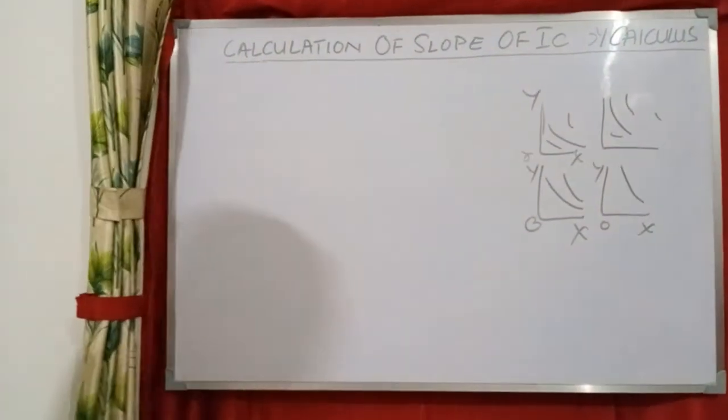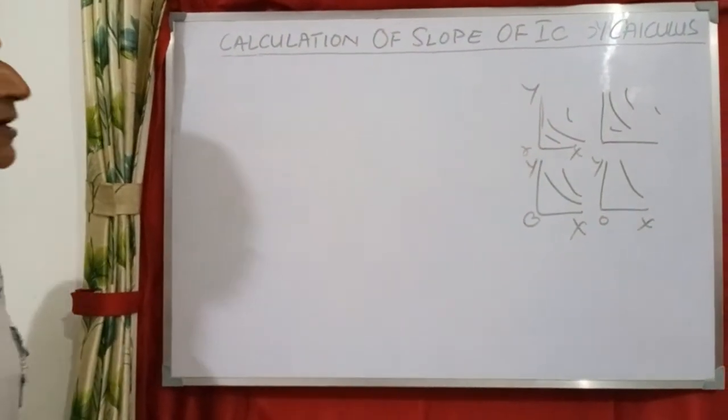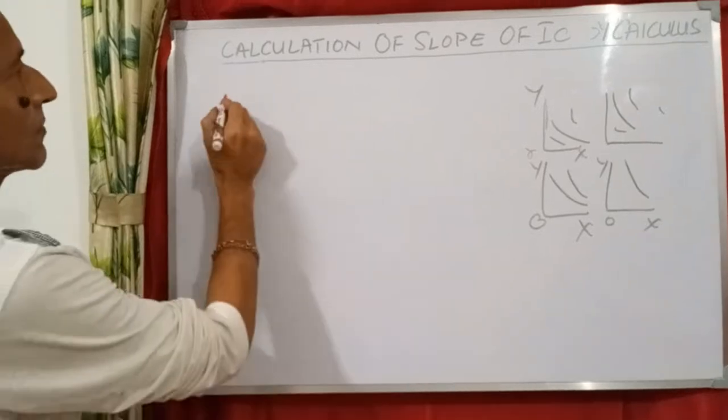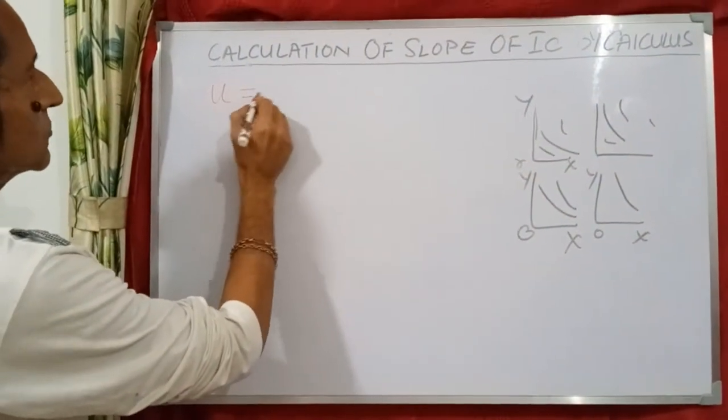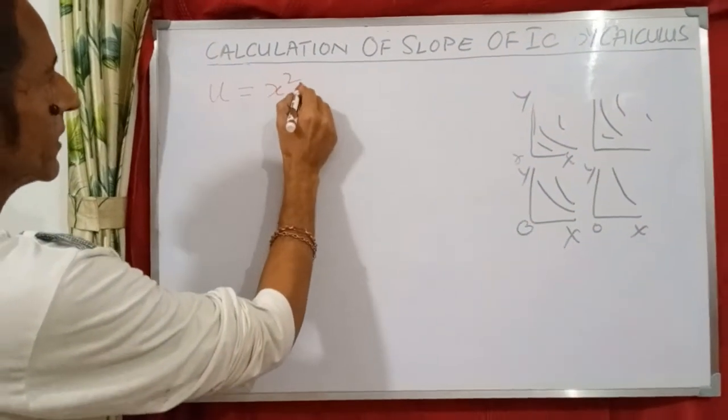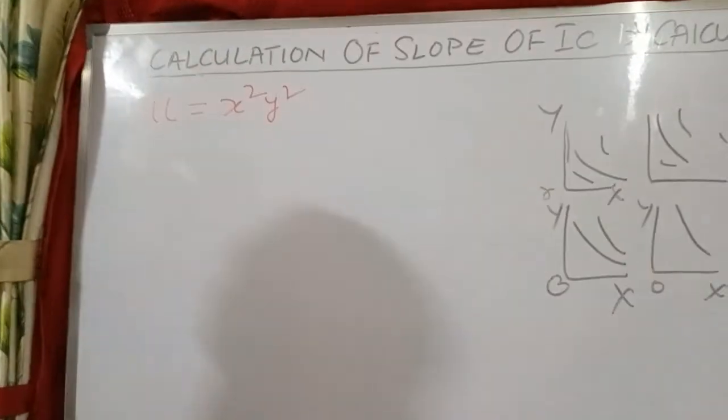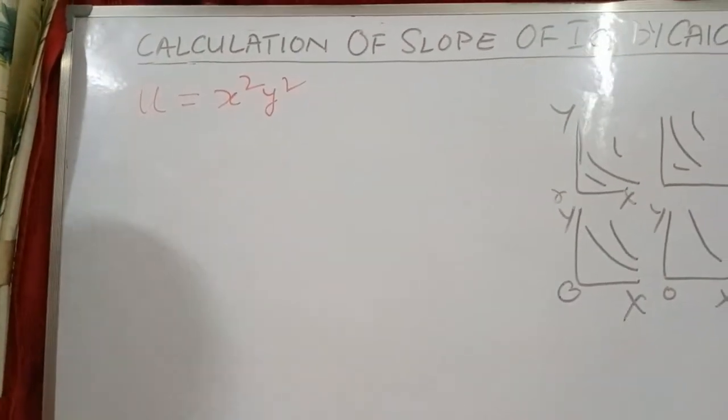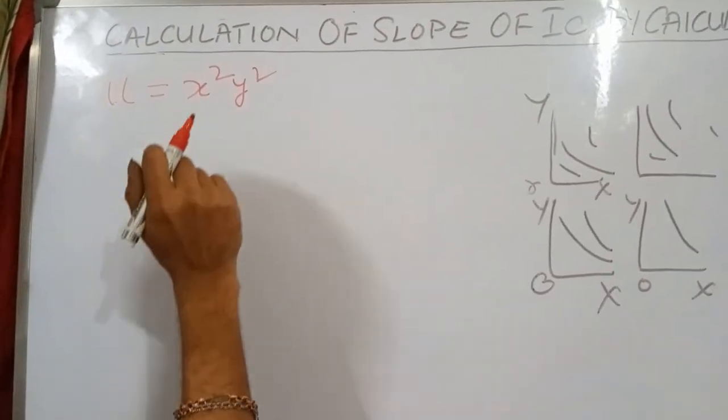Let the utility function of the consumer be u equals x square y square. This is the utility function of the consumer.